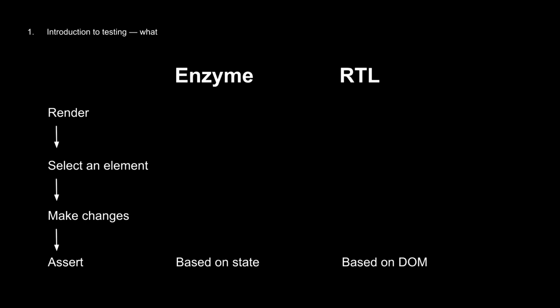Assertions in Enzyme are based on state, so it again directly accesses the component instance. And in React Testing Library, it's based on the DOM. And in my opinion, this is a really key difference, because if you consider how you test a feature, you think that if I click this button and if I type some certain text, if I click the submit button, then something will happen and something will change.